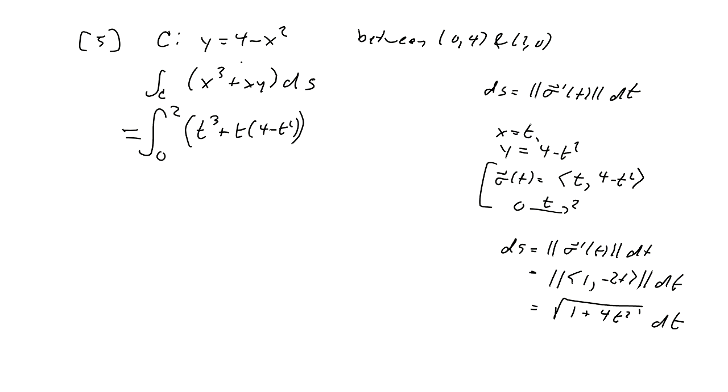And then ds we found was the square root of 1 plus 4t squared dt. Does everybody see where I'm getting all these numbers from, all these variables? Yes. This is the ds, and over here where it says x cubed plus xy, you just use whatever x and y were in the parameterization.